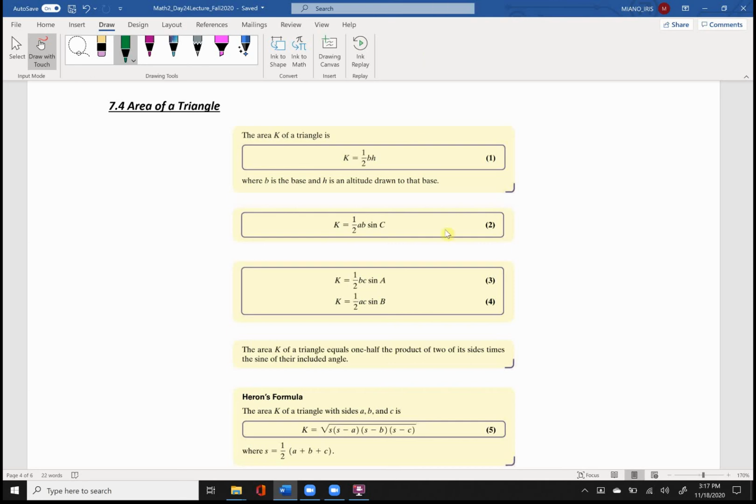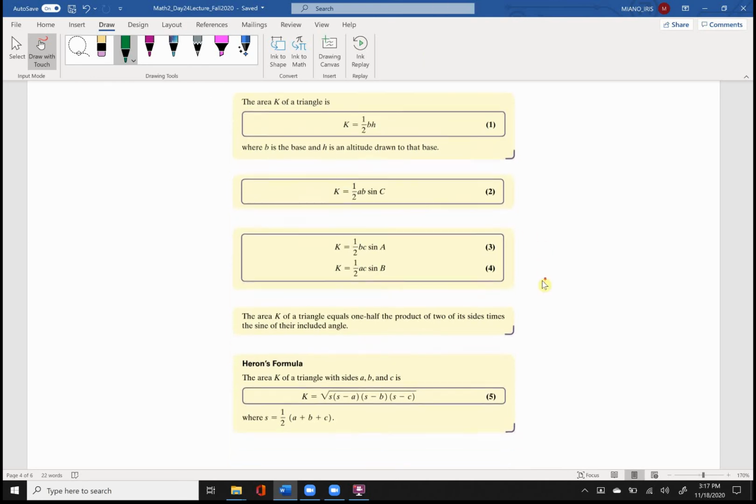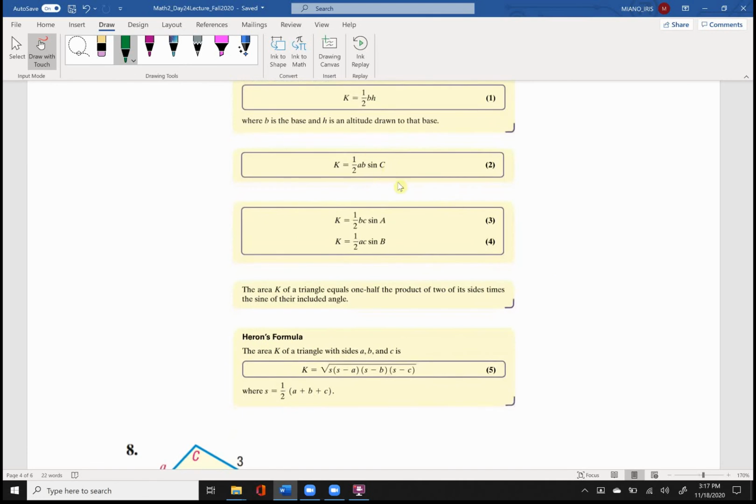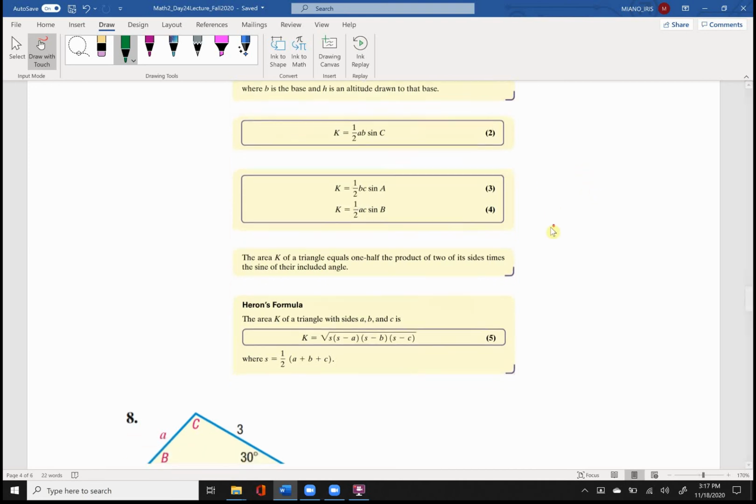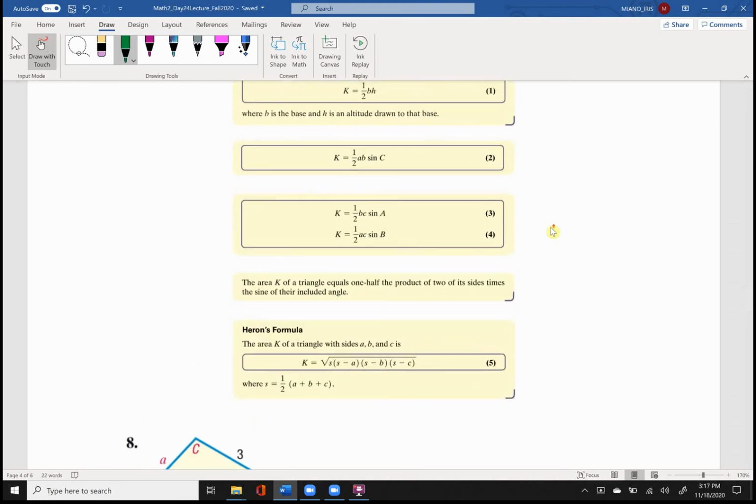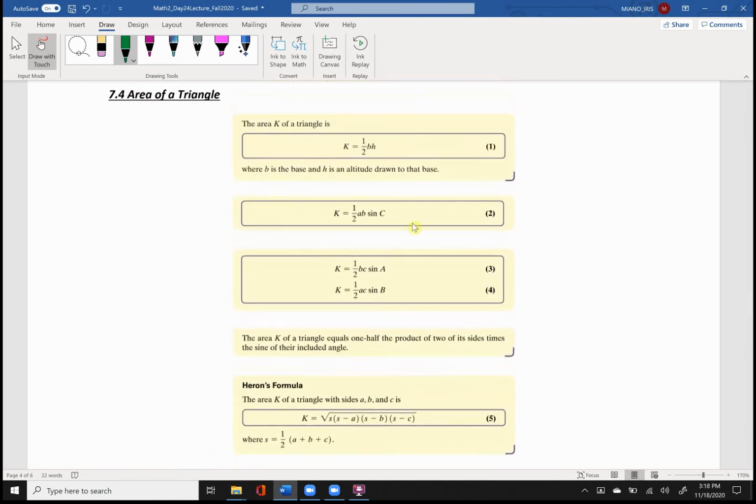But we want to think about this in terms of side lengths and interior angle measures, because you won't always know the height of your triangle from the given information. You might be given side lengths and interior angle measures, and if that's the case, you can use these slight modifications to the original area formula to capture that.